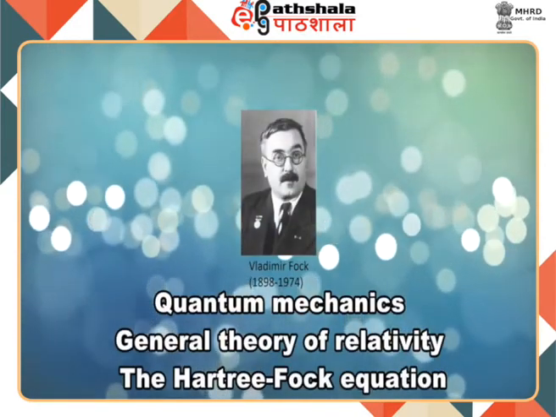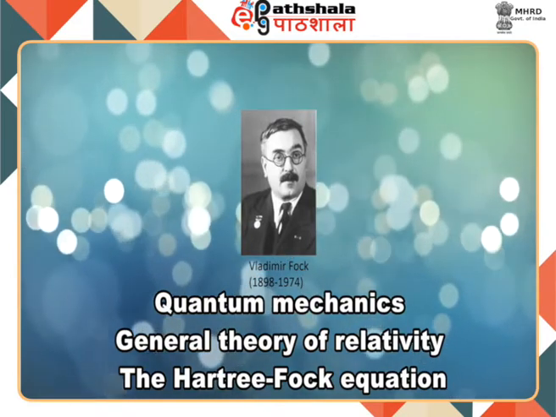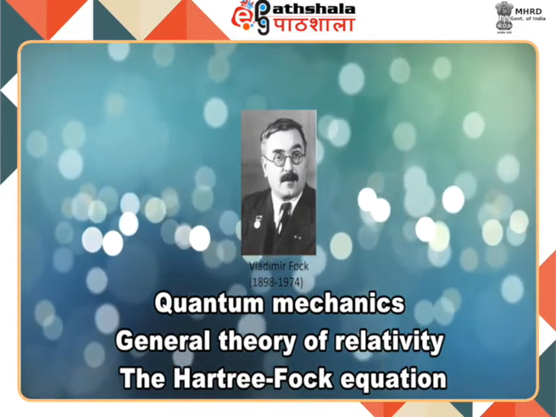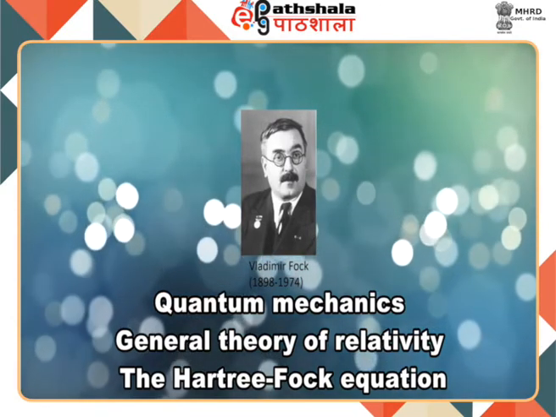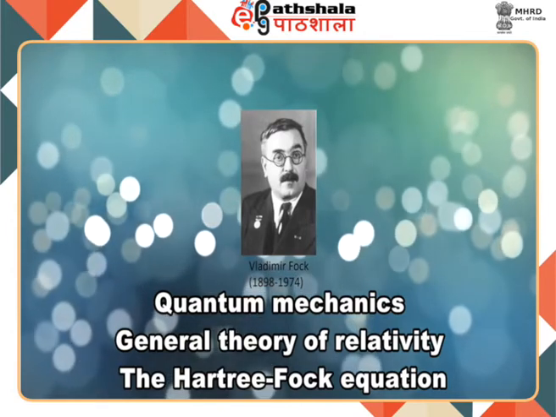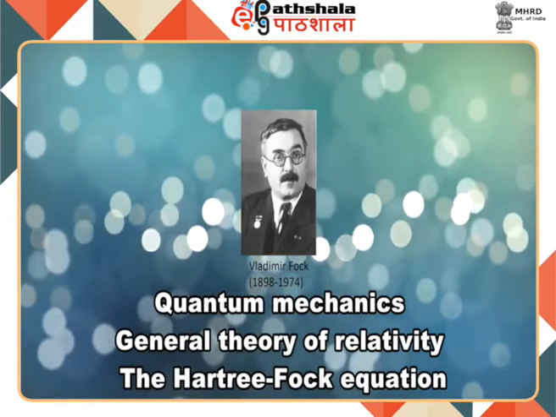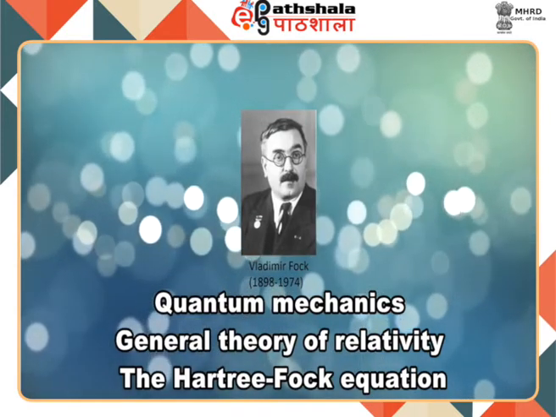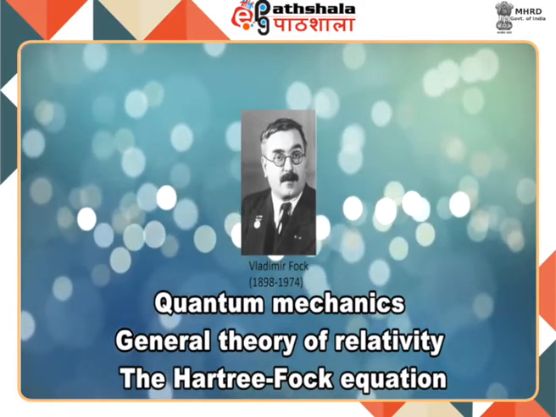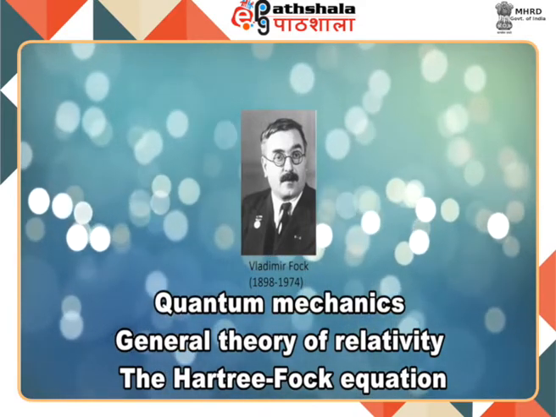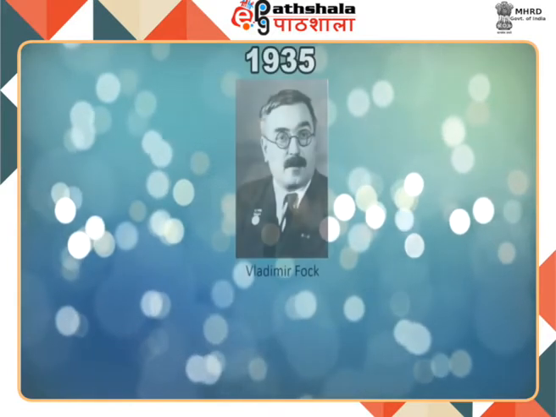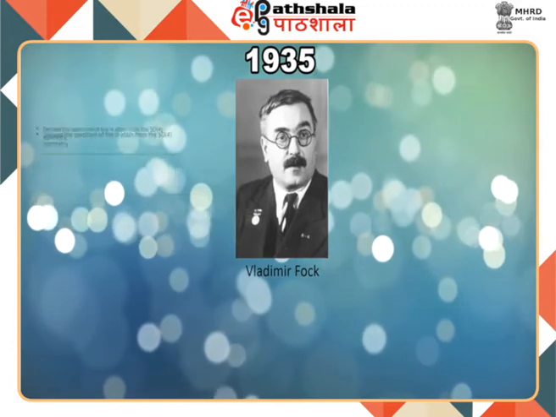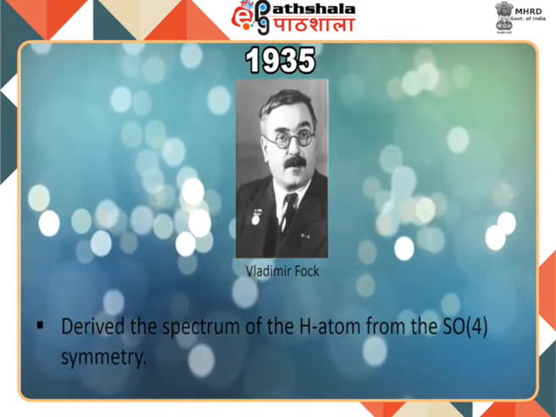Vladimir Fock was a Russian mathematical physicist who made seminal contributions to quantum mechanics and the general theory of relativity. The Hartree-Fock equation, improved by him in 1930, became a basic approximation method for calculations involving multi-electron atoms in quantum chemistry. In around 1935, he derived the spectrum of the H atom from the SO(4) symmetry.